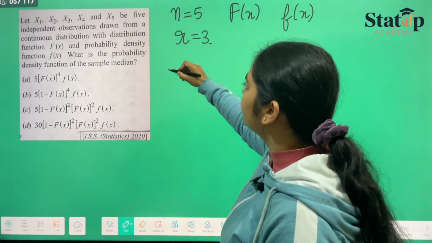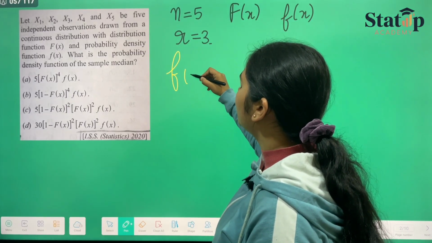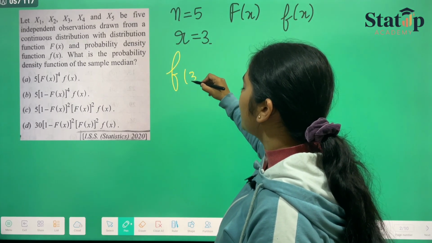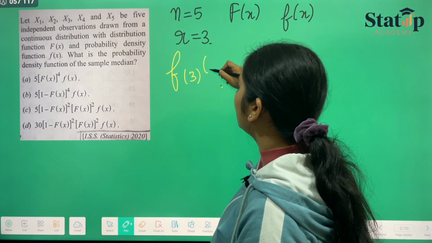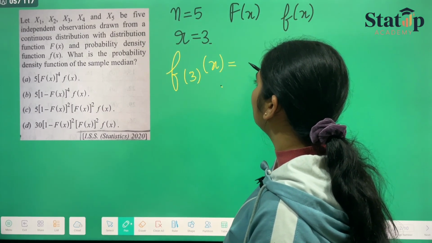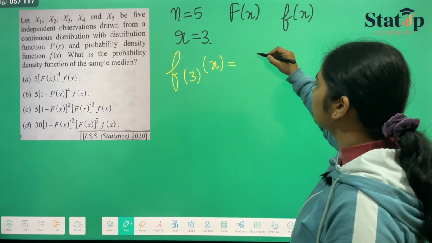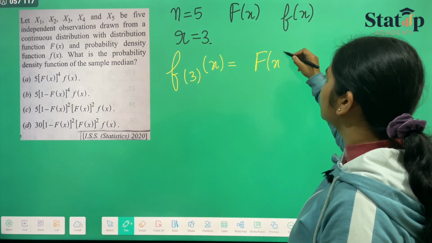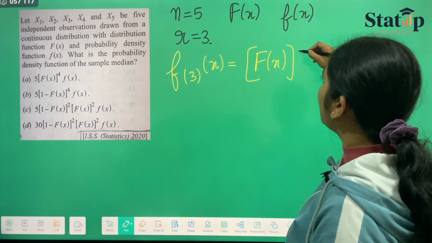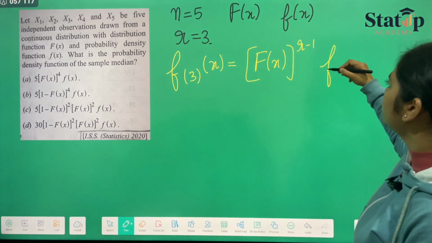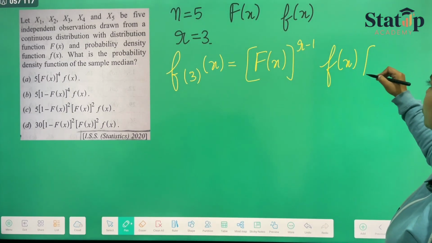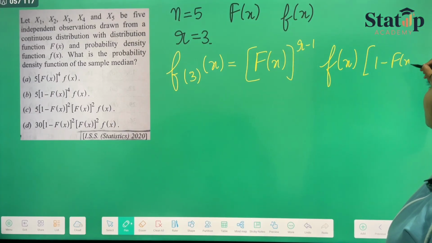Now the formula for the PDF of the rth order statistic, f3x, will be equal to Fx whole raised to the power r minus 1, into small fx, into 1 minus Fx whole raised to the power n minus r.